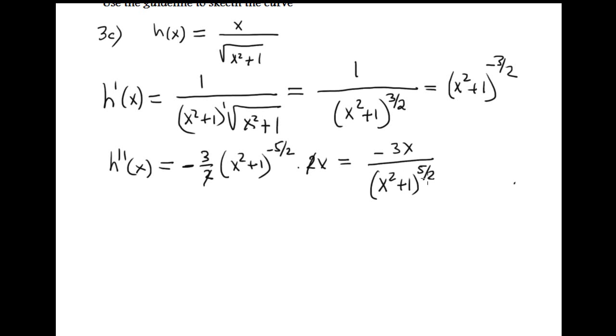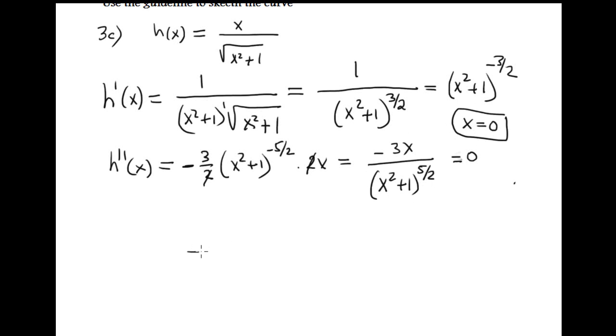And this denominator expression is always positive, so the sign depends on the value of x. Of course, you find the inflection point where the second derivative is equal to 0. I don't care about the denominator, I only care about the numerator. So x is 0. x equals 0 is a potential inflection point.